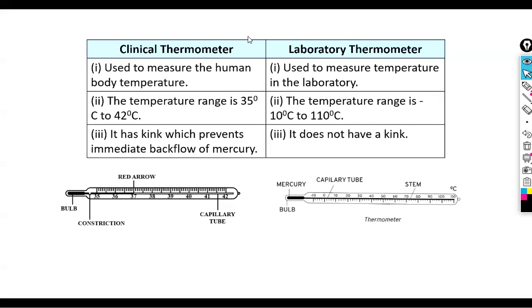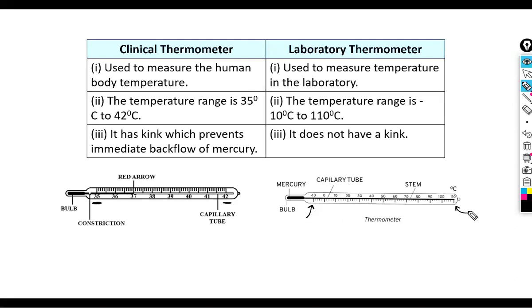Right. Now, if you all notice, both thermometers cannot really measure extreme temperatures. For example, the clinical thermometer can only measure between 35 and 42 degrees. The laboratory thermometer goes down to minus 10 degrees and all the way up to 110.